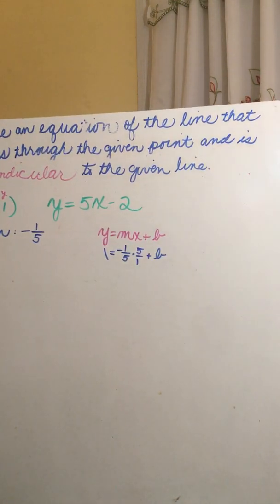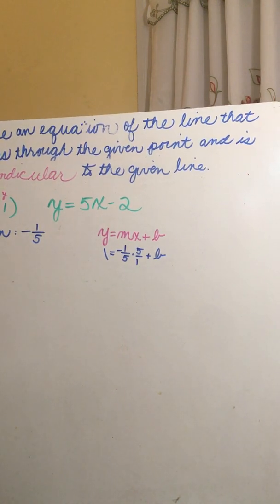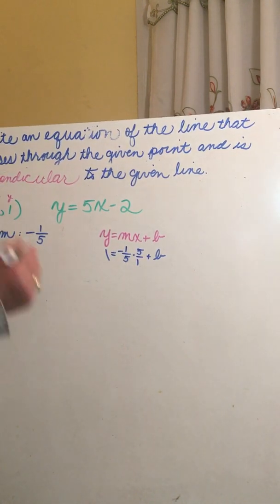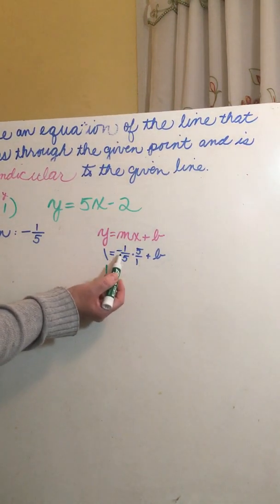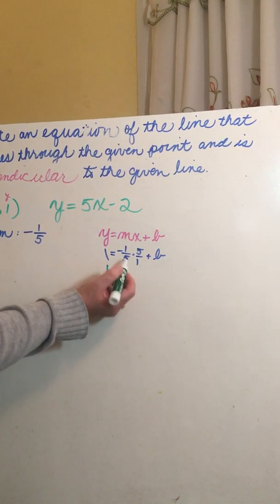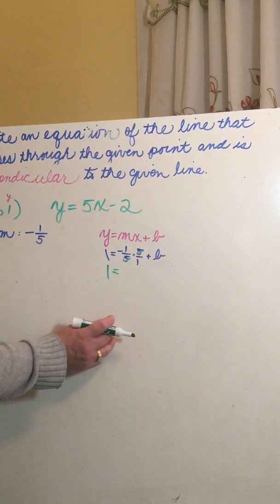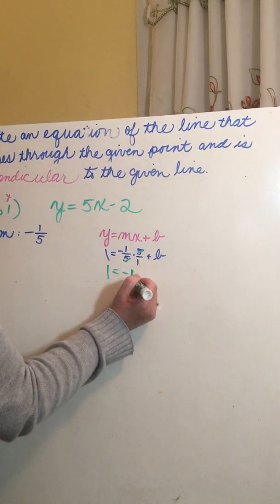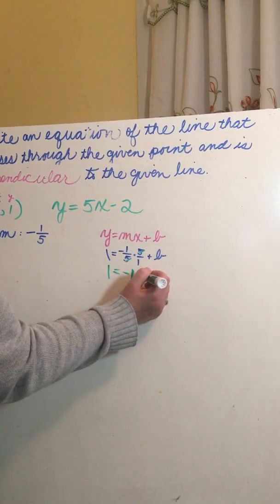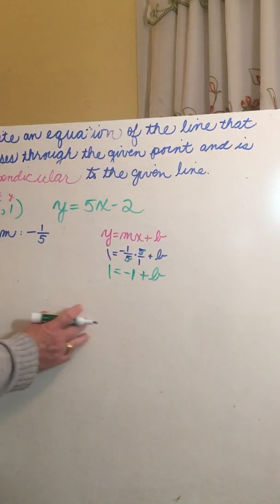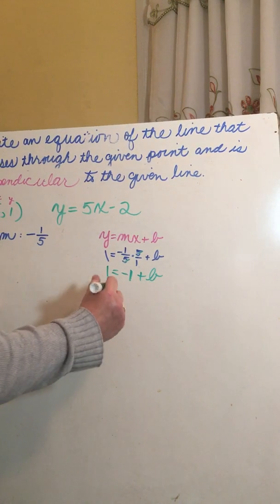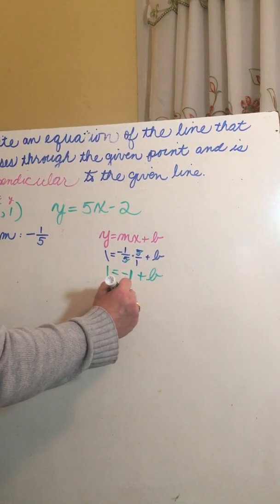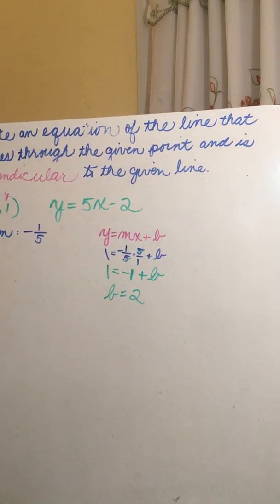We don't know yet what our y-intercept is. And then we'll go through and simplify. Negative 1 over 5 times a positive 5 over 1. Well, those 5's cancel out, and that leaves us with a negative 1. And then after we put a positive 1 on both sides to get the b by itself, we have a y-intercept of positive 2.